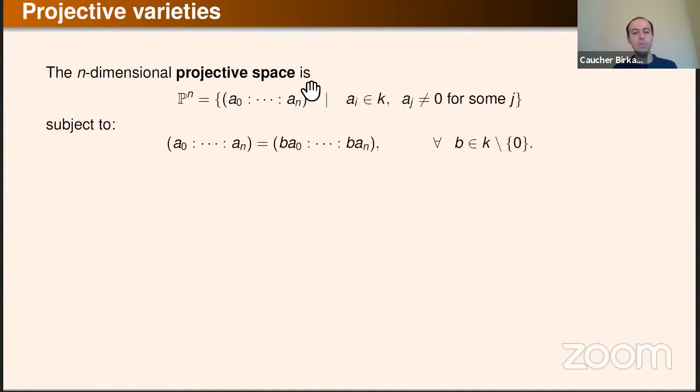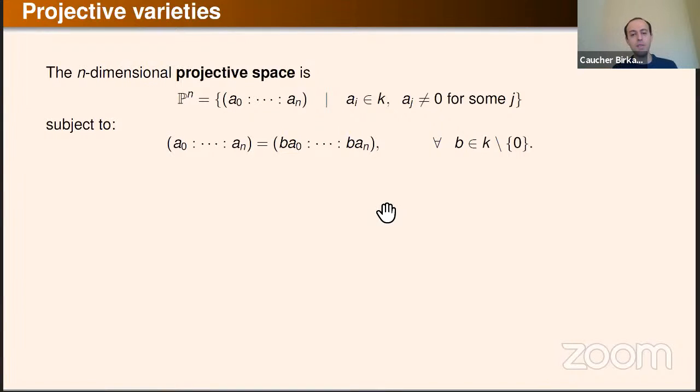And the points in this space are defined up to this equivalence, where if you have a point and you multiply all the coordinates with a non-zero number, we say that the point is the same. It just has different representations, different ways of writing down the point. The coordinates can be different, but the point will be the same. So if they are proportional by some fixed non-zero number, then they represent the same point.